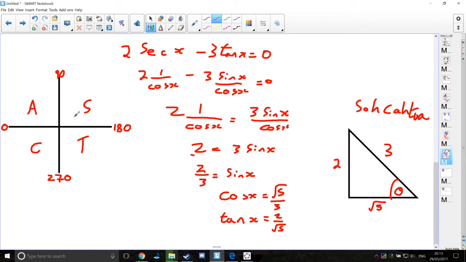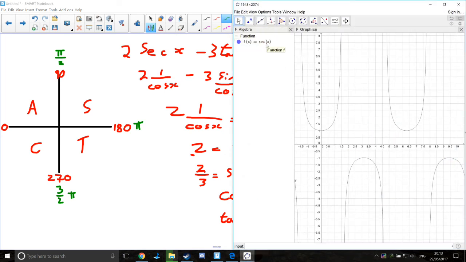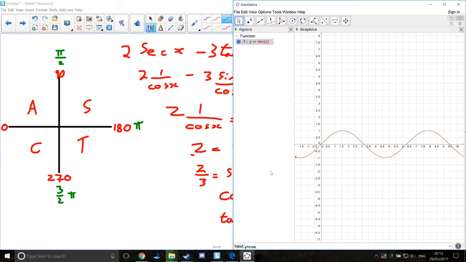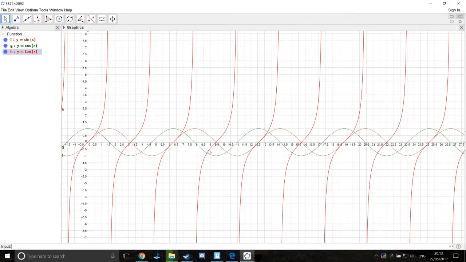Now this one is set up in degrees. I'm going to write it in radians as well. There we go. Right. So I'm going to write in y equals sine x, y equals cos x, and y equals tan x. So those are my three graphs here.